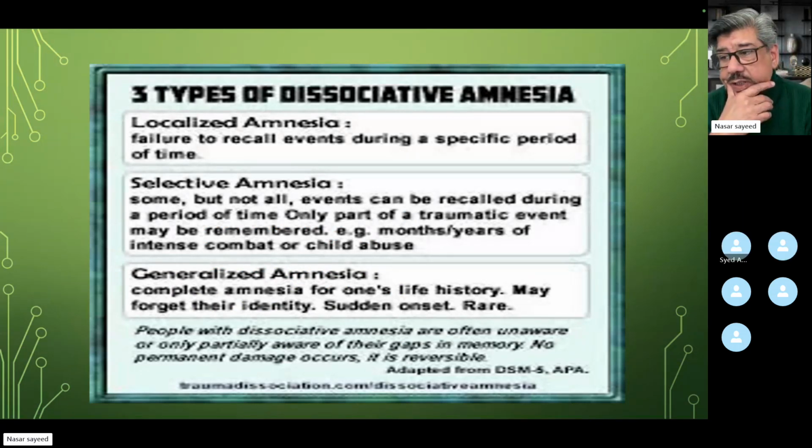When we say dissociative amnesia, this amnesia could be localized, selective, or generalized. Localized, like they will try to forget a specific period of time or a specific event. Even today, when I was seeing one patient in the clinic, a young boy at the university, he switched off the light and ran towards a window, and earlier he had told his friends that he would commit suicide.